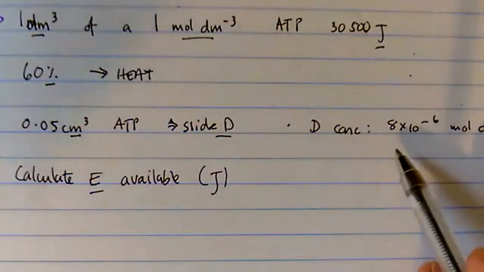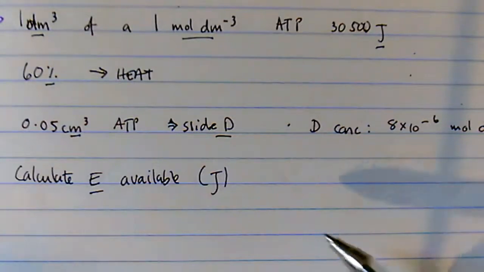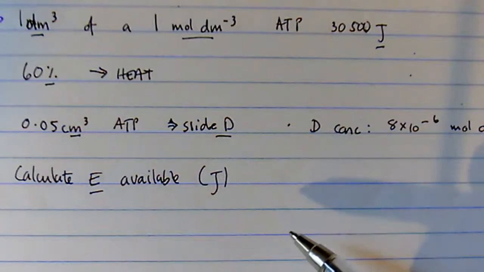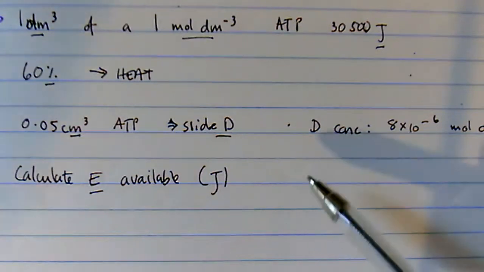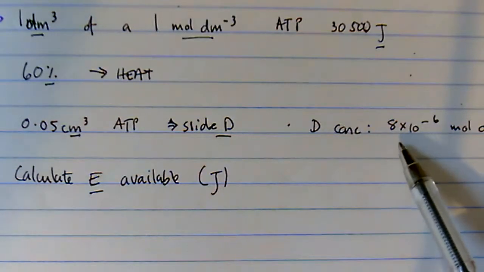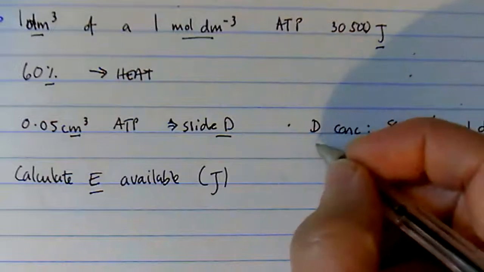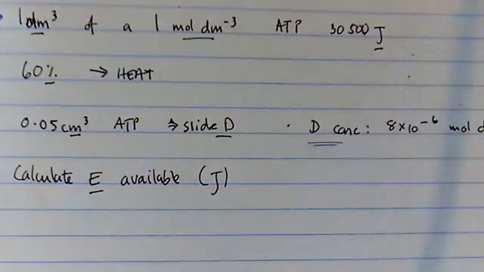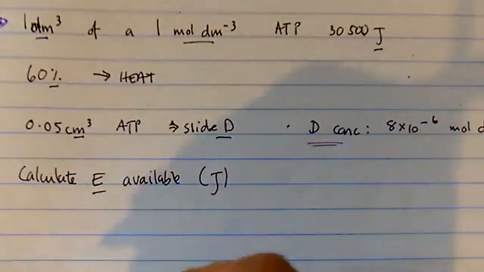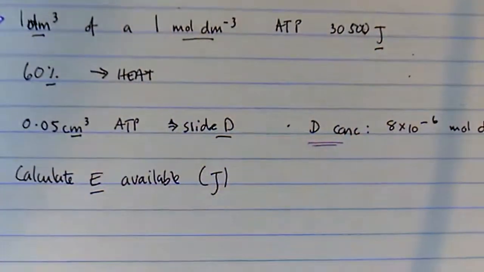So it would be a good idea if we worked out how many joules of energy there are in 1 litre of D. So let's work out how much energy there is in 1 decimeter cubed of D. I'm going to have to scroll down now.